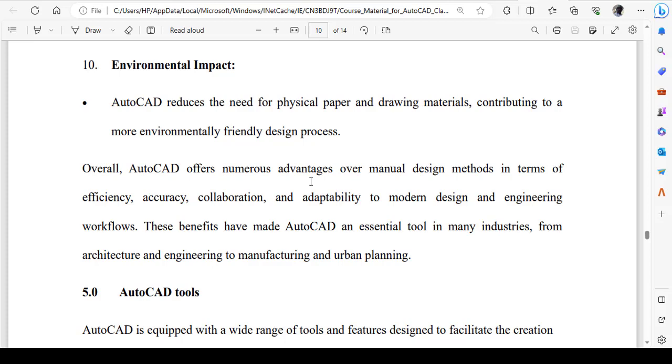Although, at times, the disadvantage I know it has is that you are working on a particular project and you don't save, and something can happen to your system, you lose your file, or a virus crashes it. But the advantages outweigh the disadvantages. So we see that with AutoCAD we have a lot more benefits than when we're using manual tools. So with this, we can come into our tools. In the next class, we're talking about our AutoCAD tools.